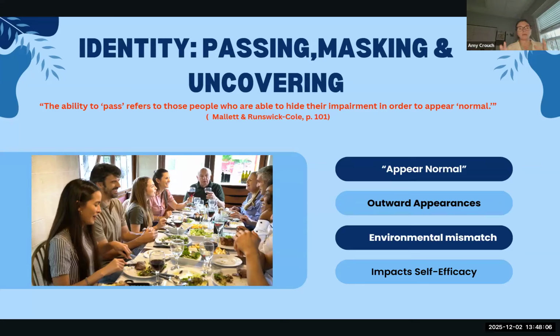Imagine that you're in a crowded restaurant, and this ties to my own student's example. As Evans mentioned, whether we choose to pass or uncover our disability is a personal decision. In this instance, a student was sitting in a very crowded restaurant overseas, with lots of loud lights. The loud noises, the lights, the dishes, the conversations became overwhelming.